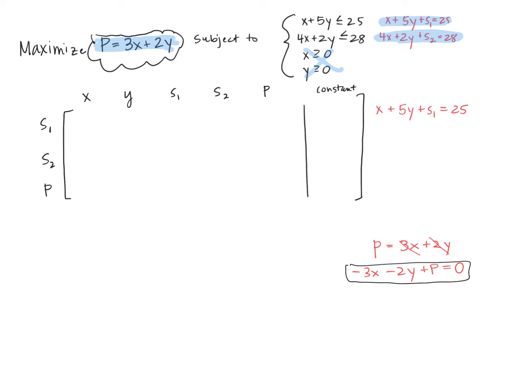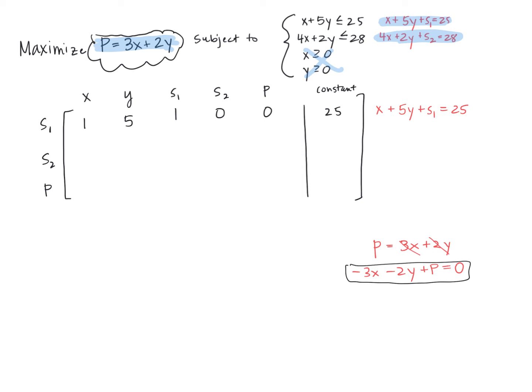I have an x, it's 1x, so a 1 is going to go under the x column. I have a y, so I'm going to have 5 under the y column. I do have the s1, that's the slack variable here, so I'm going to have a 1 here. There's no s sub 2 in this, so I'm going to have 0. There's no p in this, so that's going to be a 0. And then the constant is 25. So if that variable does not appear in that equation, it's just a 0.